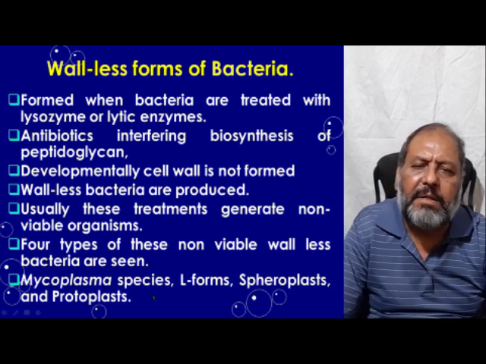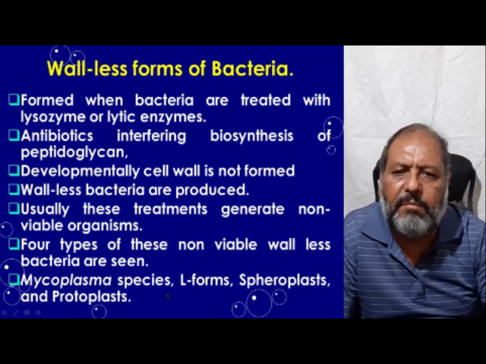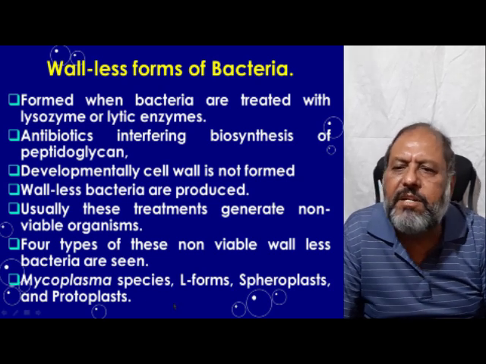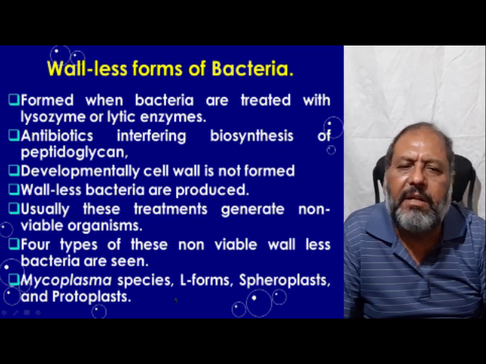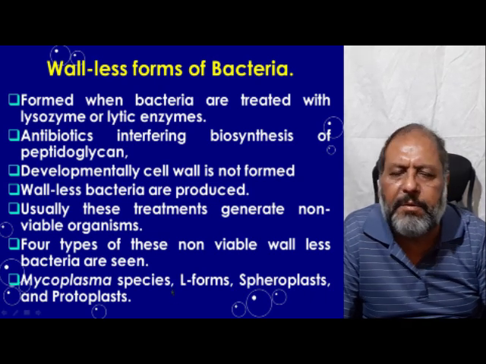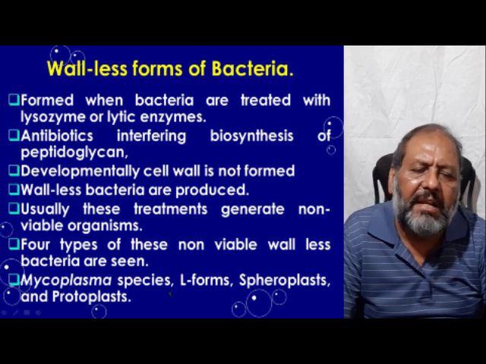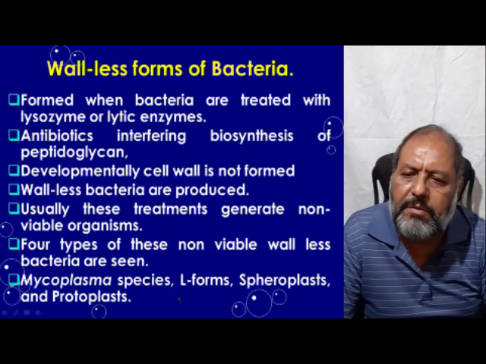Then there are certain bacteria which have no wall, so these are called wall-less forms of bacteria. These are formed when bacteria are treated with lysozyme or lytic enzymes, or antibiotics interfering with the biosynthesis of the peptidoglycan of these bacteria, or during development the cell wall is not formed, so wall-less bacteria are produced.